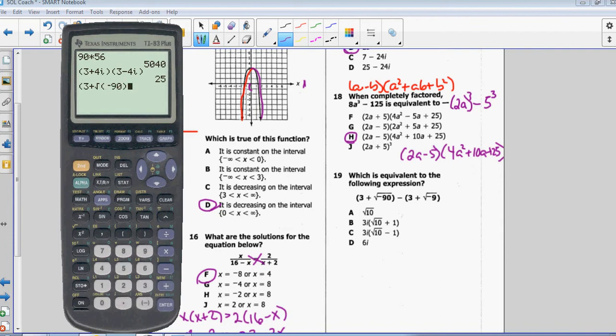I'm going to close the parentheses for the square root and also for the expression. And then minus parentheses 3 plus second square root, negative 9. Close the parentheses for the square root and also for the expression.